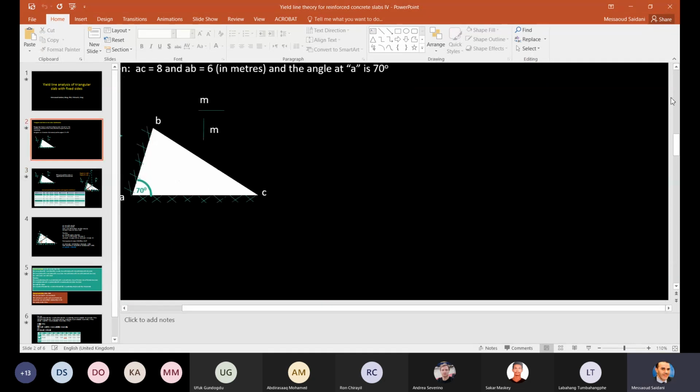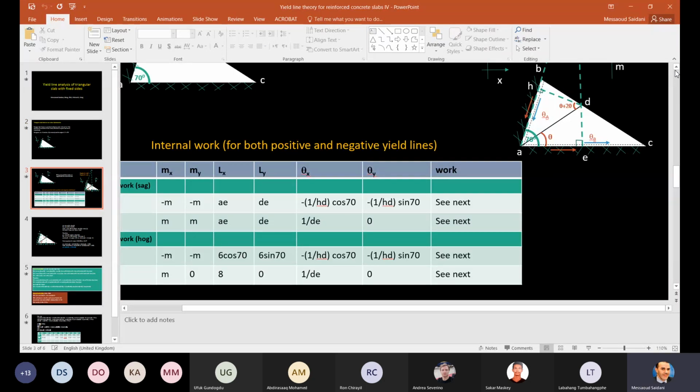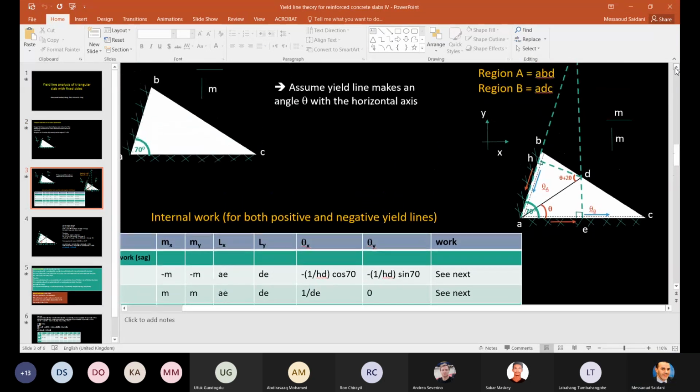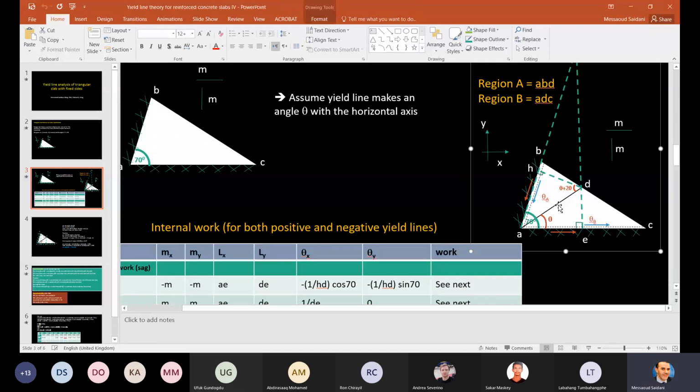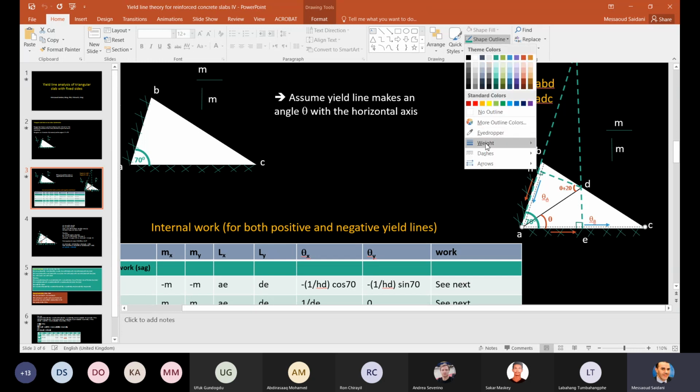So we have the yield line. This is the positive yield line, this one here. That's the positive yield line due to the sagging moment. Because the edges here are fixed, AB and AC are fixed, we also have negative yield lines that I've shown here in dotted lines. Let me make them a little bit bigger, I don't know if you can see them or not.